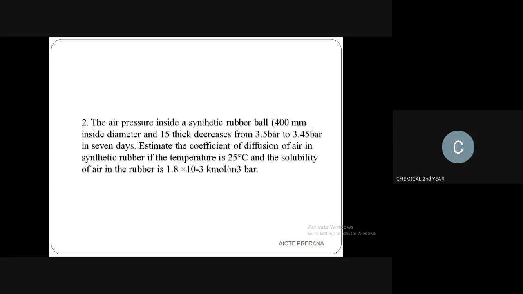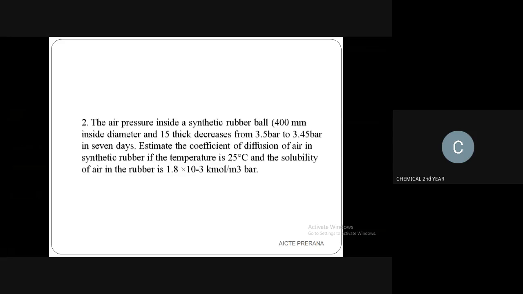For example, take this rubber ball itself: the rubber ball's surface is the medium. Outside air passes through the medium and penetrates into the ball, so the pressure is getting decreased.